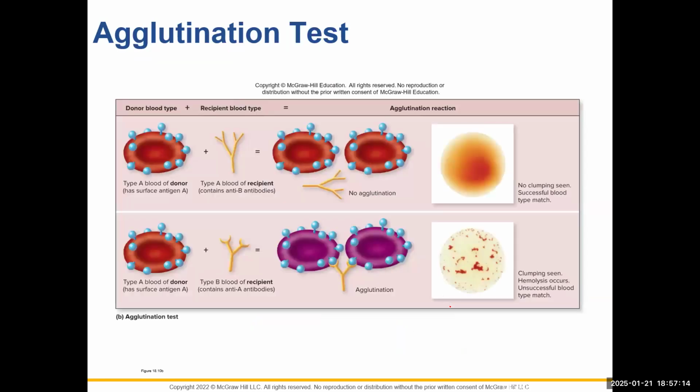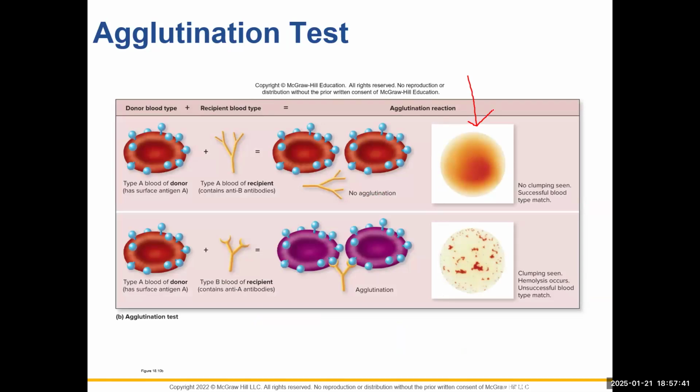So a quick way to do it, if you're not sure whether someone's blood is compatible with another person's blood, you will mix the two blood samples together. And if the result looks like this, then you'll say, okay, no clumping is seen, successful match. No agglutination is going to occur.